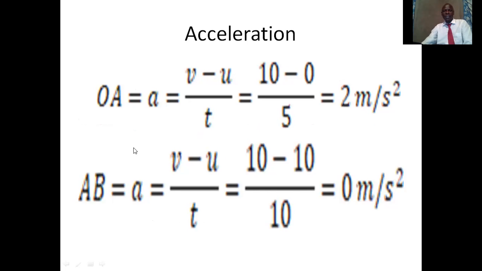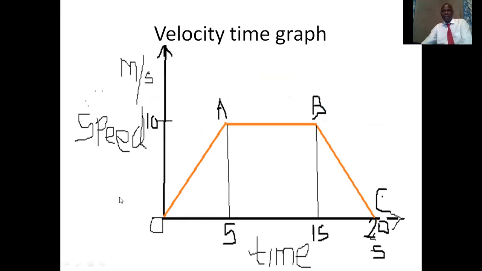Now, let's calculate the acceleration between A and B. From our graph, we want to calculate the acceleration between A and B. So it means that our starting velocity would be at A here. And what is the point A? You come this side, and find that it's 10 meters per second.